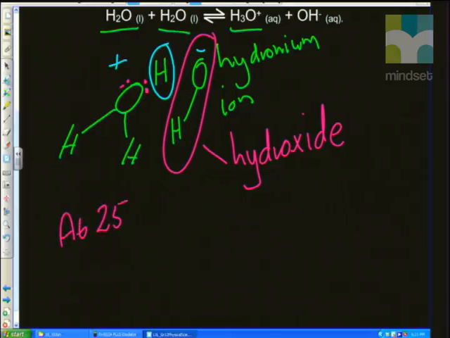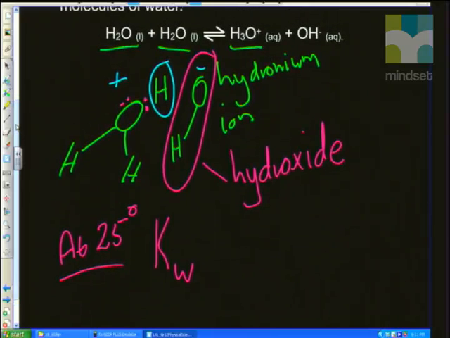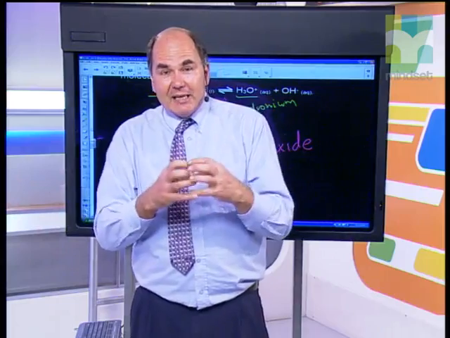Celsius, we can write a Kw, which is the equilibrium constant for water. And it's the ionization of water, or the auto-ionization of water. Auto just meaning that it's self-ionizing, water bumping into water, but it's the ionization of water when there's just water around. Okay?